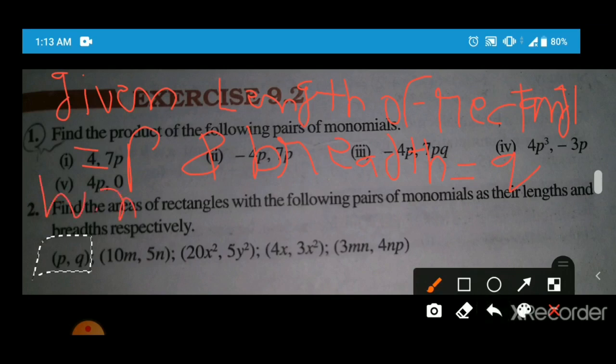Now we know that area of rectangle equal to length into breadth. This is equal to p multiplied by q. So the answer is pq.